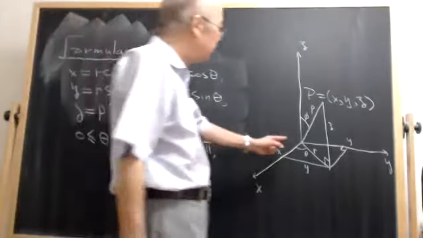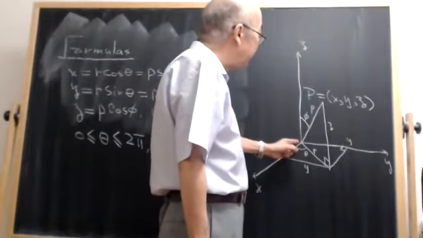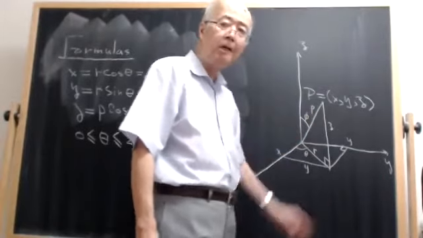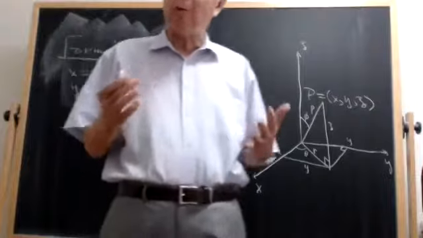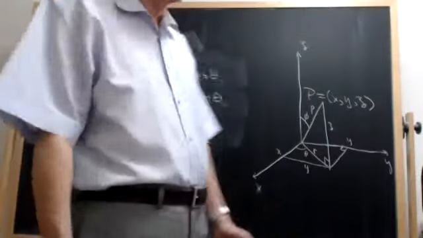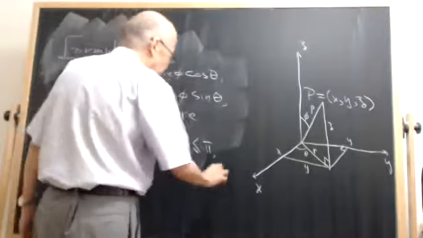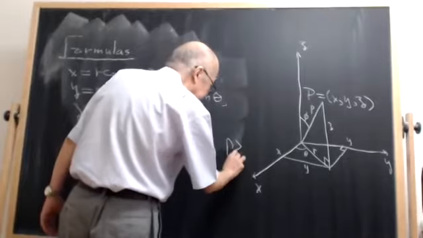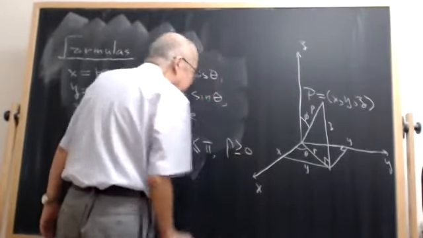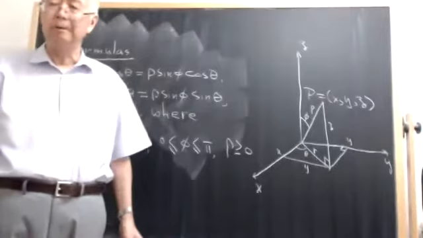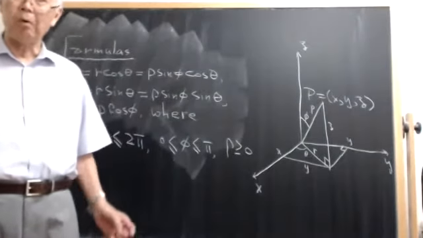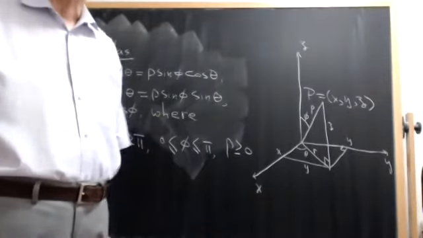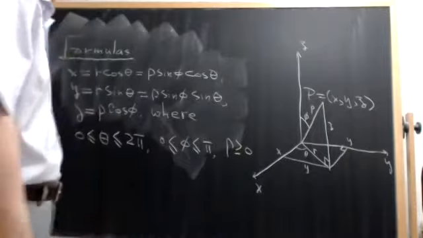And rho, being the radius, as I said before, the radius is always taken to be positive. So rho is taken to be positive or equal to 0. And when rho is equal to 0, then we are at the origin. All right?